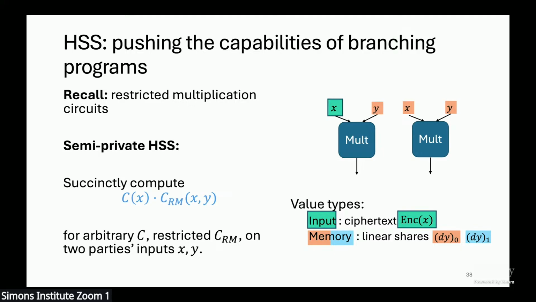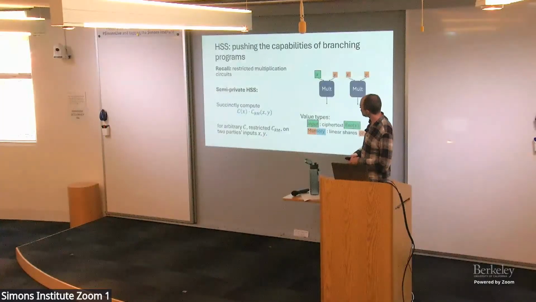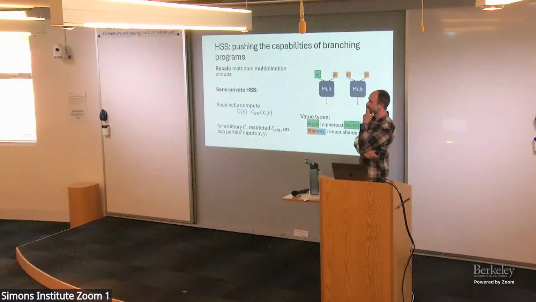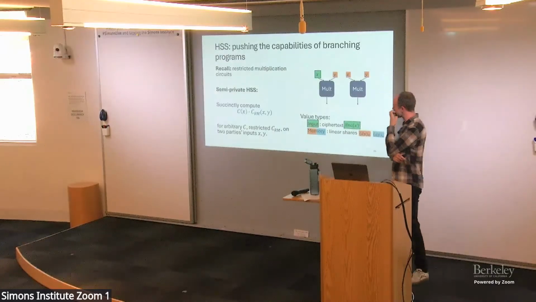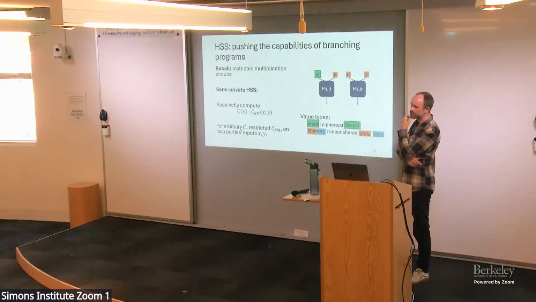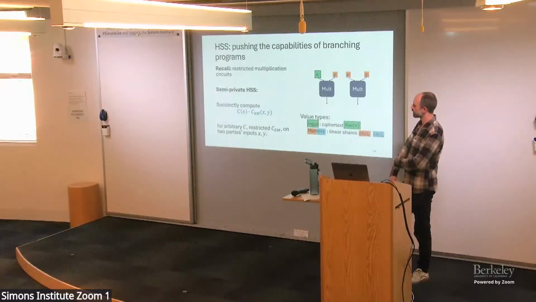Can you do it on both parties, like some C prime of y multiplied as well? Yes, I mean, you can multiply. I think maybe not, because that would be something of degree 2 in the memory values.